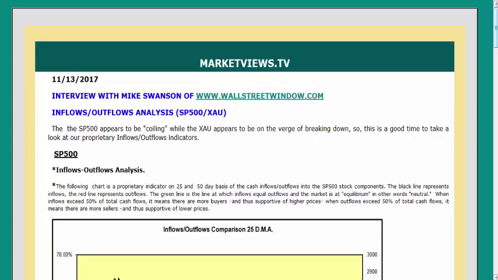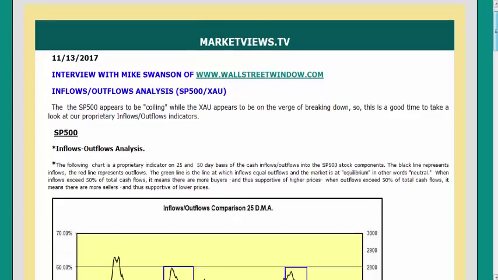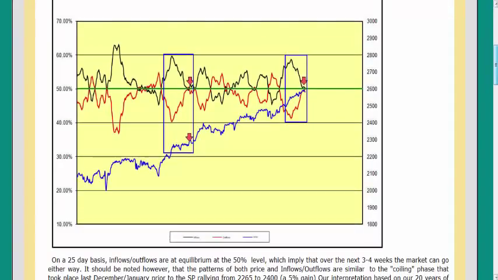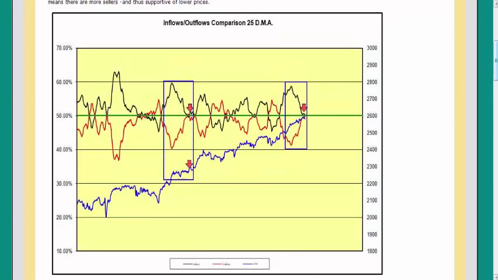Basically, the black line represents the inflows, that is the dollar volume of all the upticks. And we're looking at the 25 daily moving average of it, in the first chart.